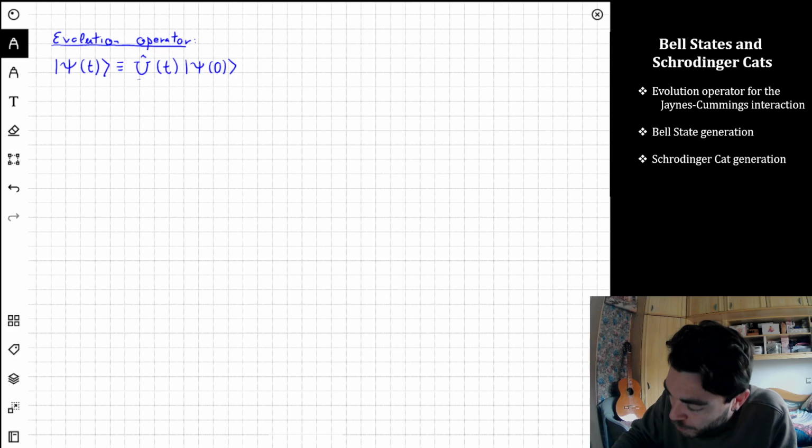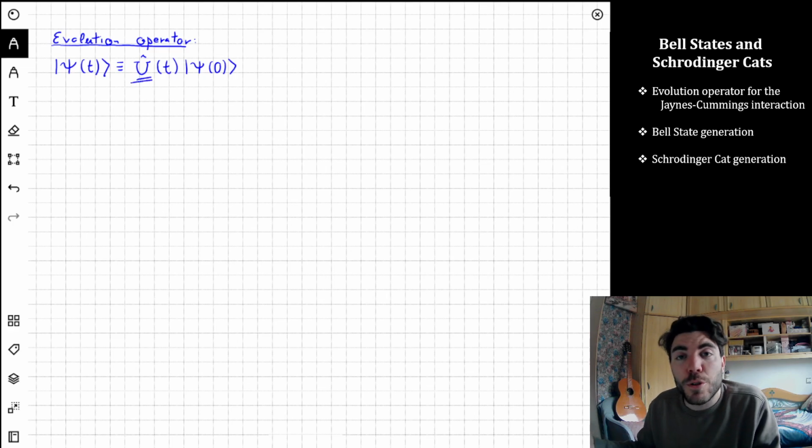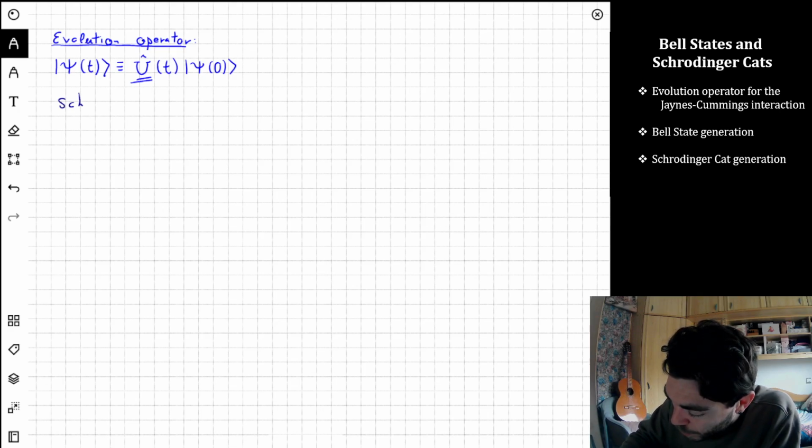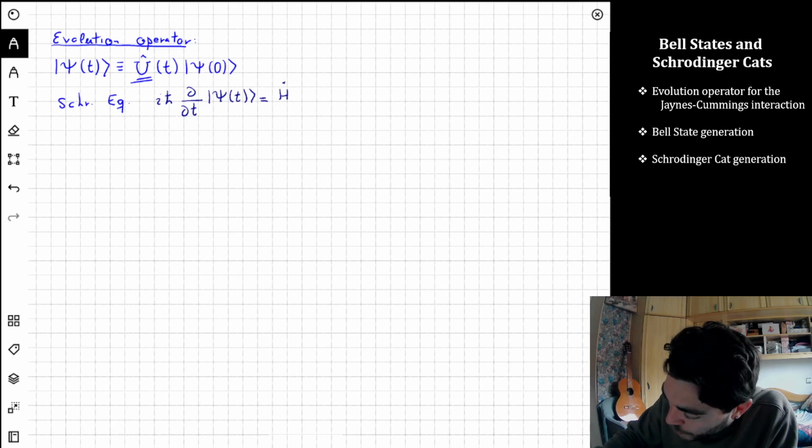So this operator U is the evolution operator, that's the definition, and is the one that is creating the evolution of the system. Now, since we know the Schrodinger equation tells us that i h-bar derivative with respect to time of phi of t is equal to H phi of t.